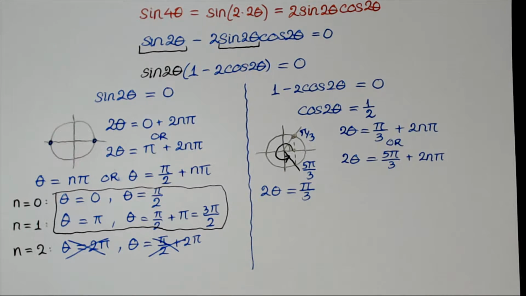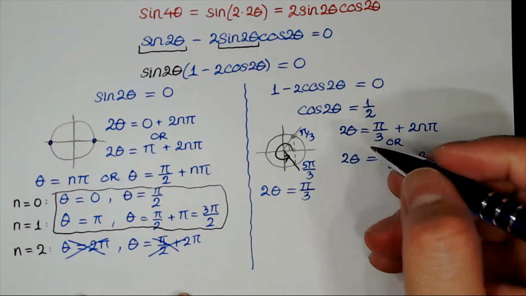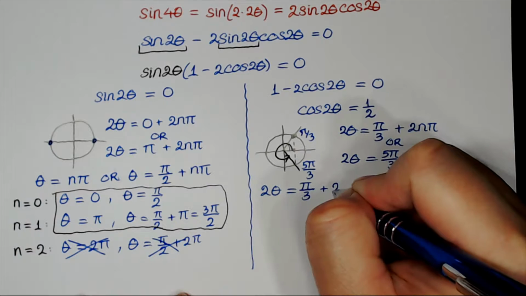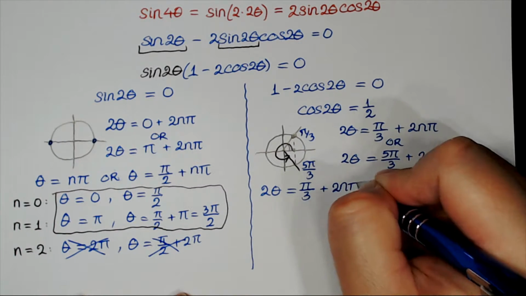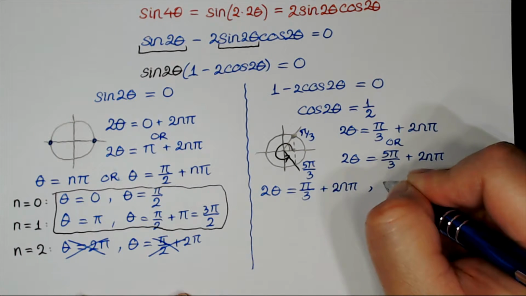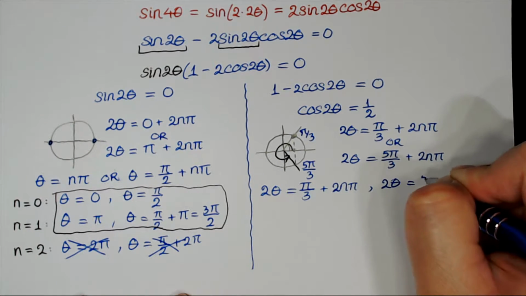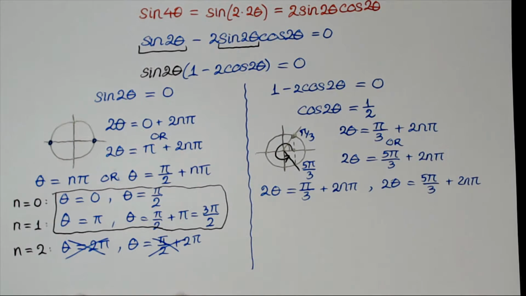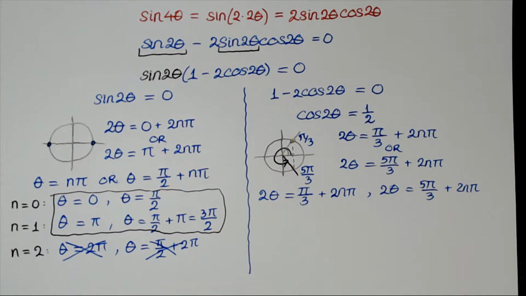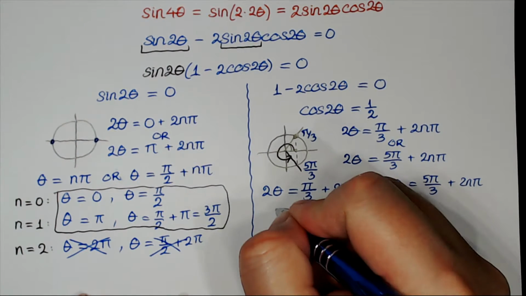So have 2 like that. I just copy it. Right. Now we divide everything by 2.